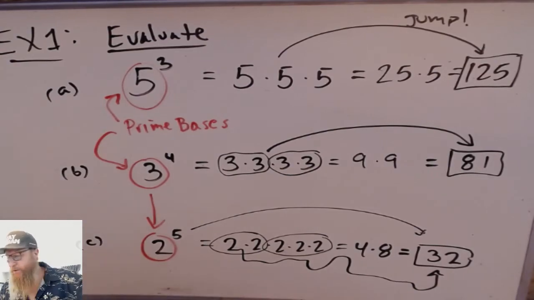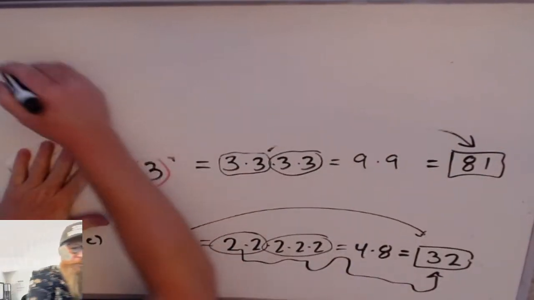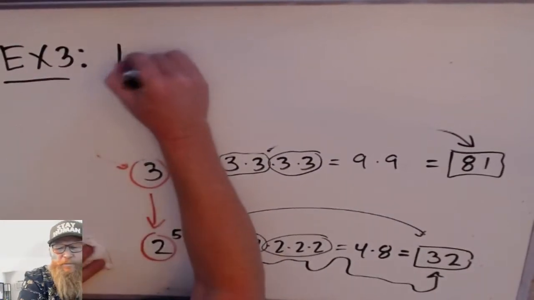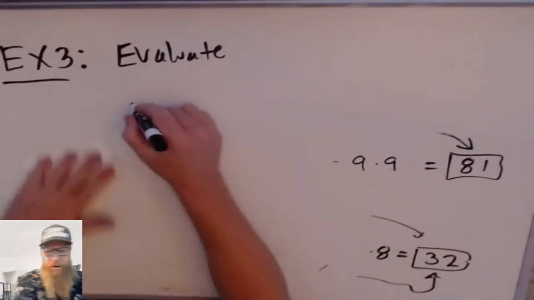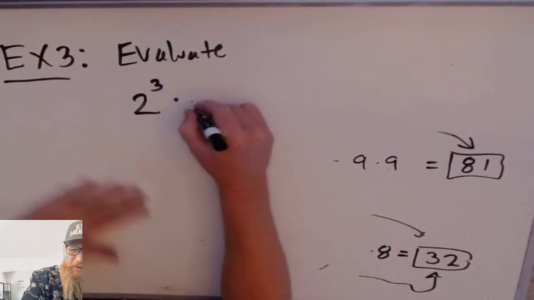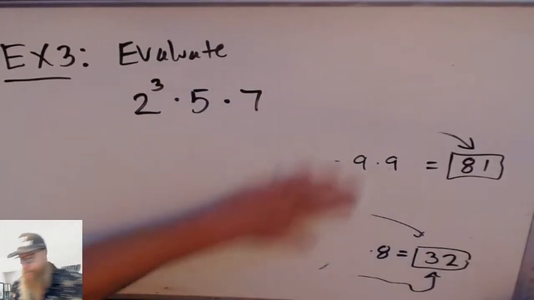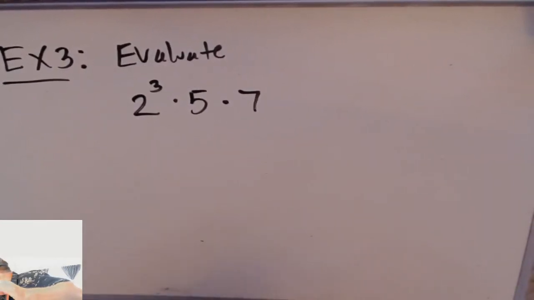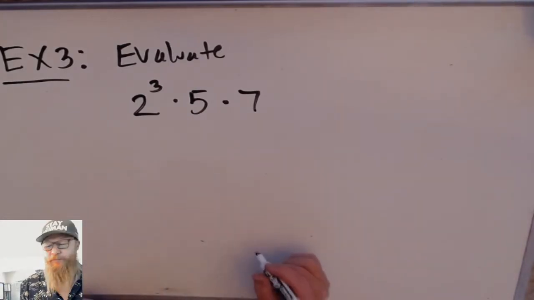What else can we do before we start getting into the deep end of the pool? We can evaluate. Let's just do one part on this one. 2 to the third times 5 times 7. Let's make it a little harder.